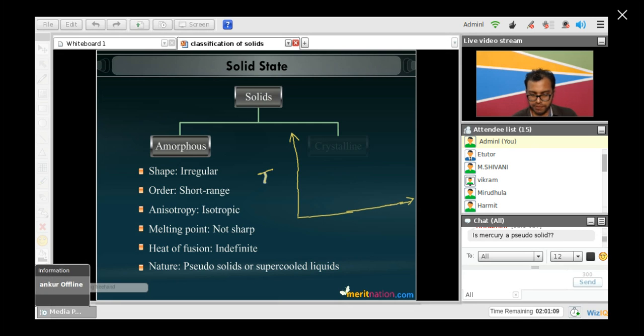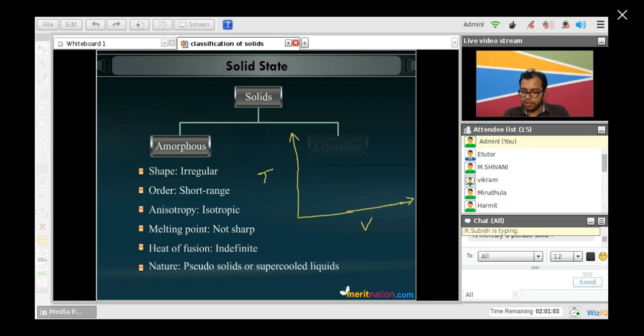Let's say we are representing temperature on this axis and volume on the other axis. Is mercury a pseudo-solid?